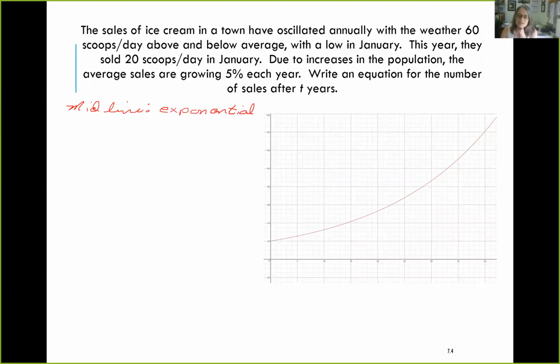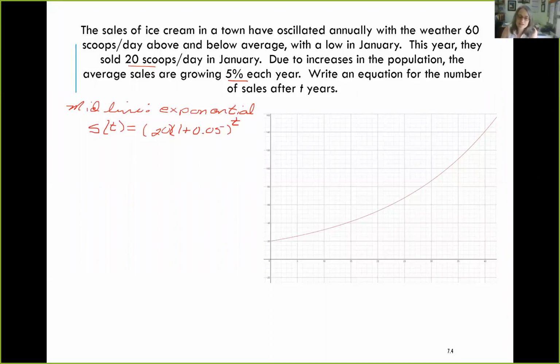So that means that our sales are going to be equal to whatever we start with. So our initial, this year it was 20, times 1 plus the growth rate, which is 5%, to the t, raised to the t power.